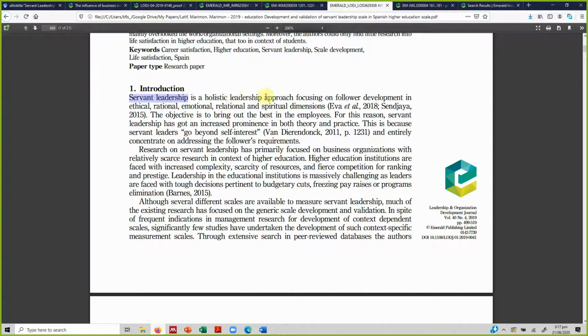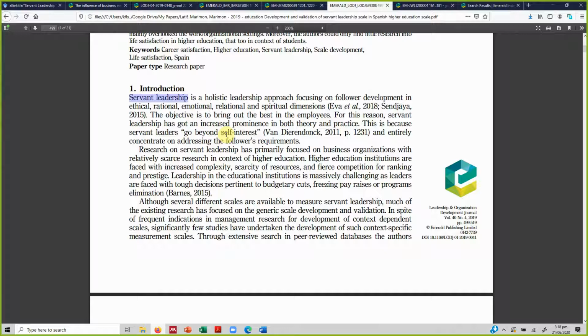Servant leadership is a holistic leadership approach focusing on follower development in ethical, rational, emotional, relational, and spiritual dimensions. The objective is to bring out the best in the employees. For this reason, servant leadership has got an increased prominence in both theory and practice. This is because servant leadership goes beyond self-interest. According to Van Dierendonck, there are other leadership styles as well, but their focus is on achieving organizational objectives, not on going beyond self-interest.